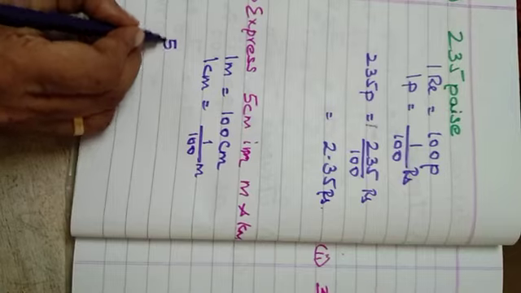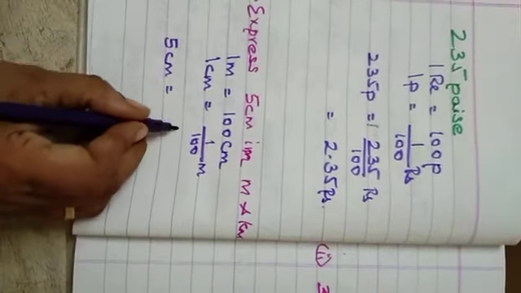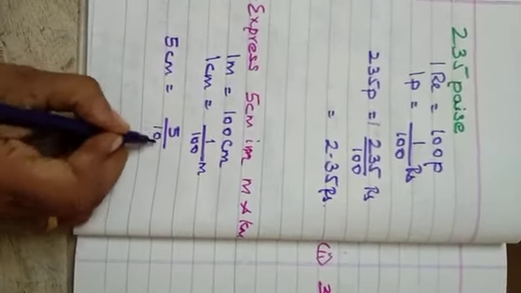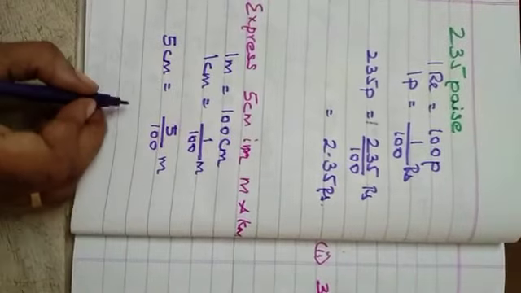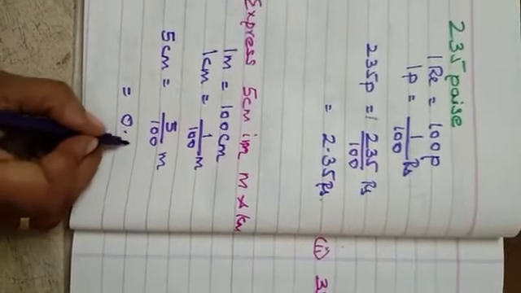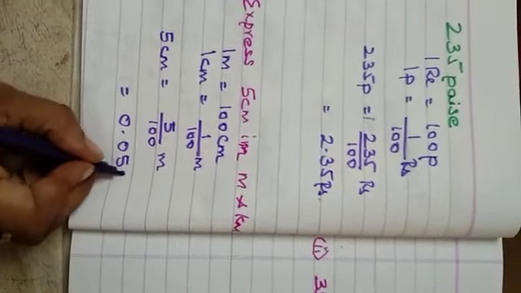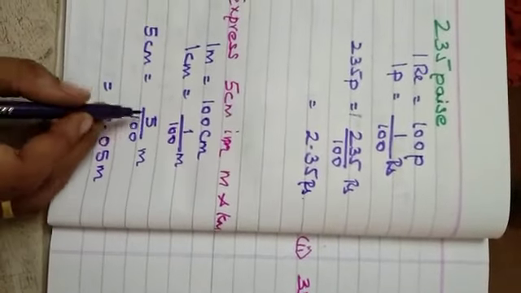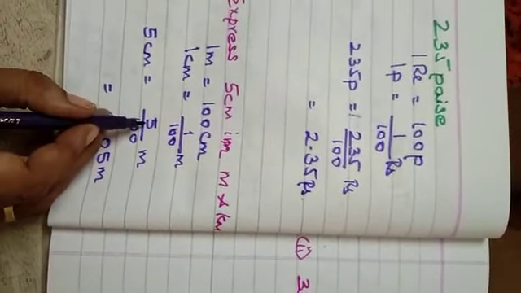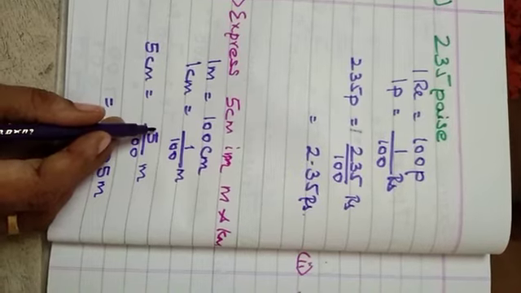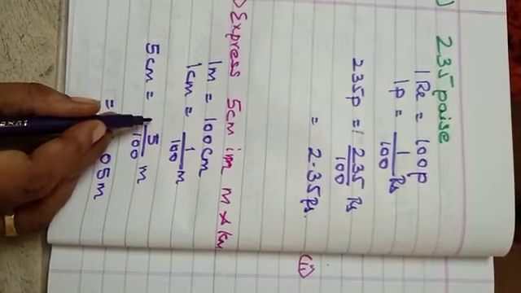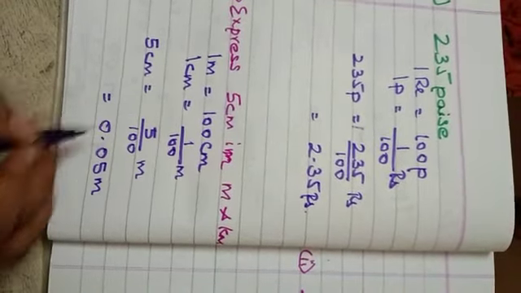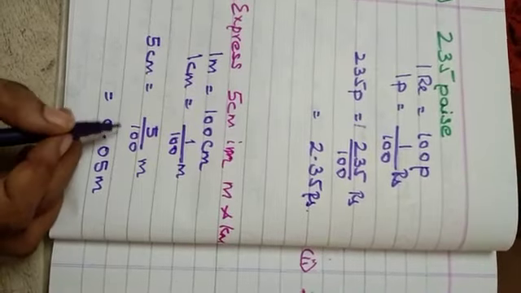So 5 centimeter is equal to 5 by 100 meter, which is 0.05 meter. As I said, 2 zeros, I have got only one number, so for the other place I have put 0 in the front and put a point before the 0. This 0 does not have any value.